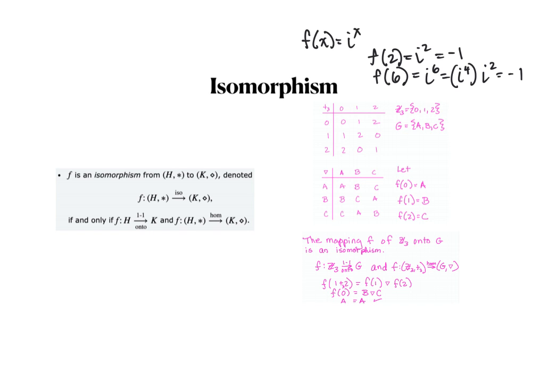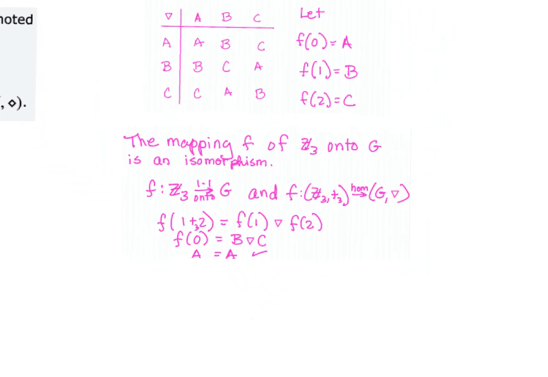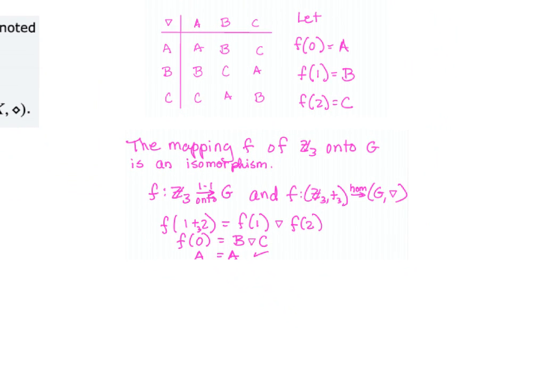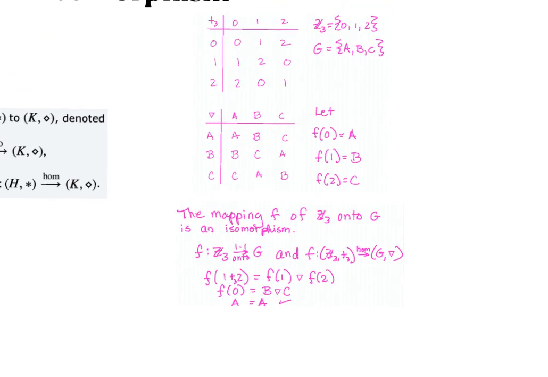So I need to check. I need to show that if I do mod 3 addition on two numbers inside my function, it's equal to the function of each of those numbers with the upside down triangle operation. So you can see here that f of 1 plus 2 in mod 3 addition is f of 0.